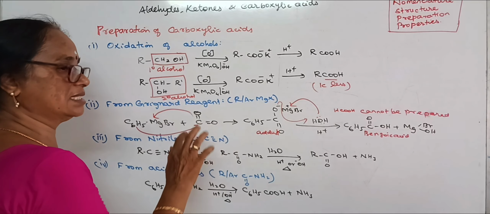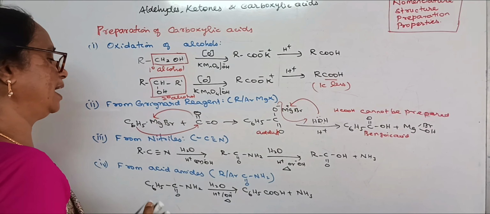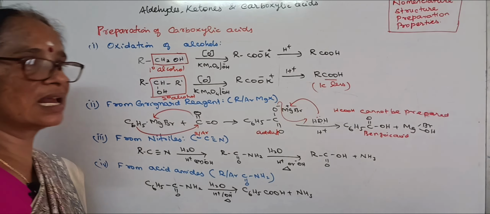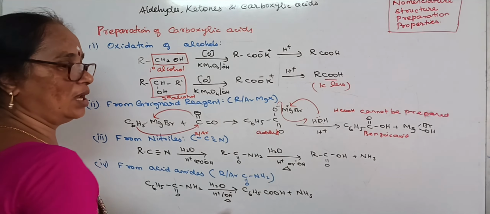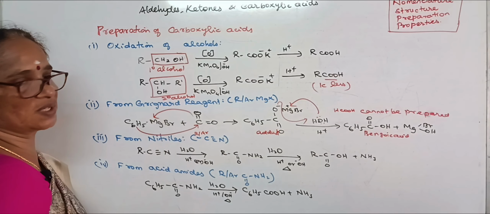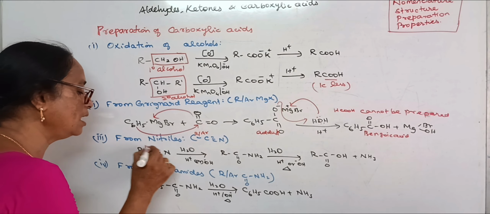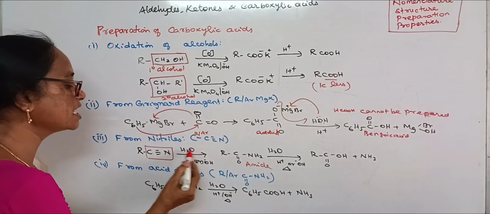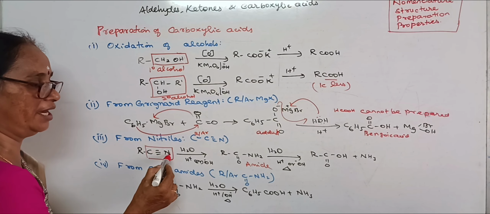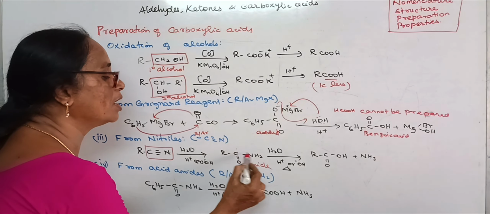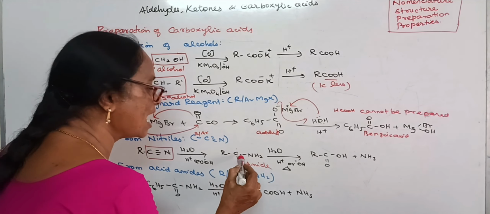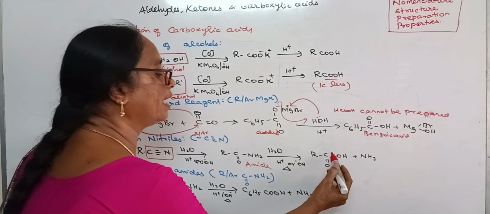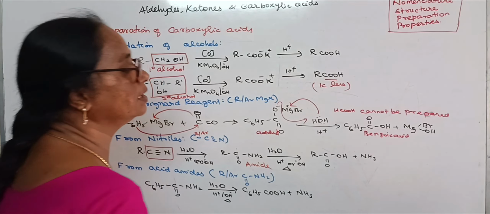The next one is from nitriles. Nitriles are nothing but cyanides. Here also you can take either R group or Ar group. Alkyl cyanide or aryl cyanide undergoes hydrolysis. In the first stage of hydrolysis, the nitrile group is converted into amide group. In this case, addition of water takes place across the cyanide group, forming C=O NH2, and this amide, followed by further hydrolysis and upon heating, gives carboxylic acid along with ammonia.